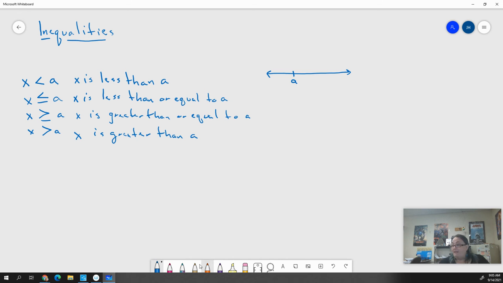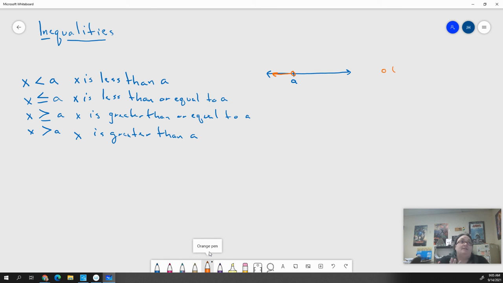If we're graphing that, we're saying that X is less than A, right? It is not equal to A, so we would use an open dot to represent it, or we would use a parentheses to represent it because it is not equal. So we would have an open dot at A because we're not including it, and it would go in the direction of everything that is less than A. When we've been dealing with equations, we have one set answer, right?